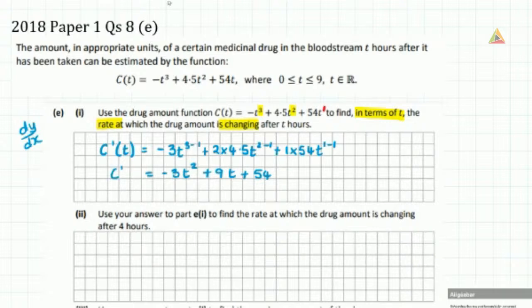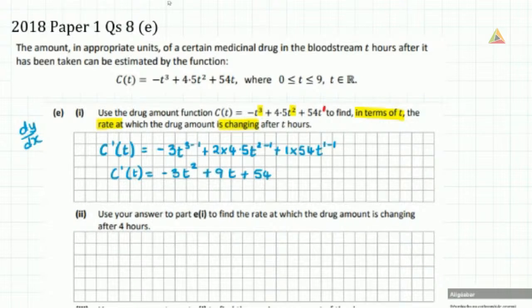So the rate at which the drug amount is changing after t hours is now going to be minus 3t squared plus 9t plus 54.